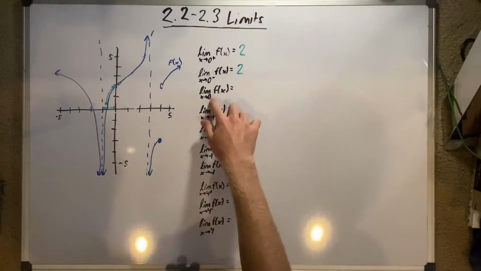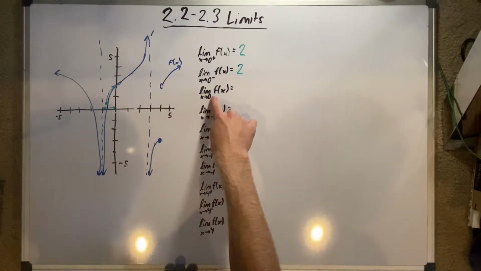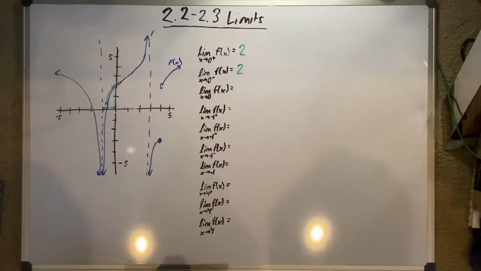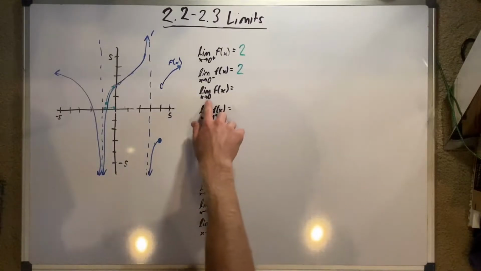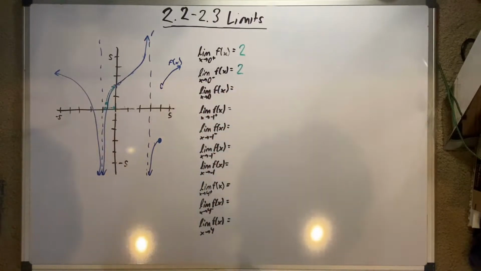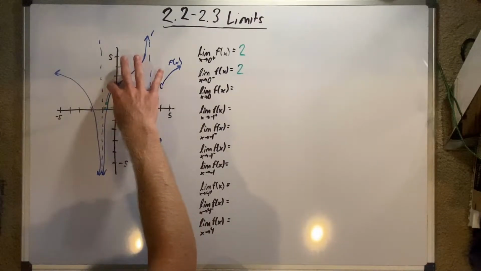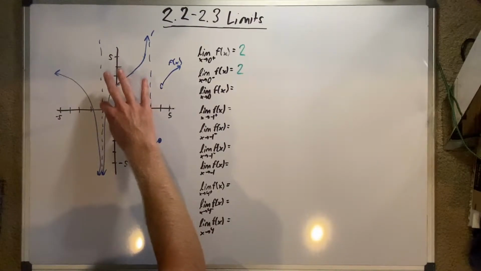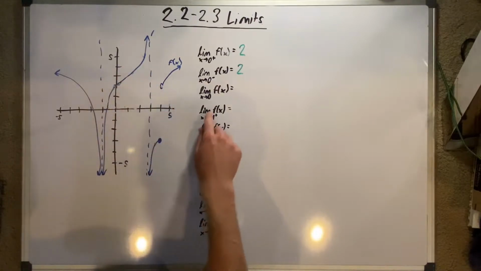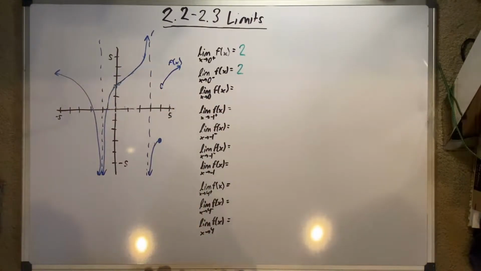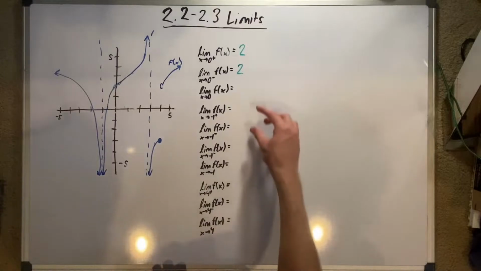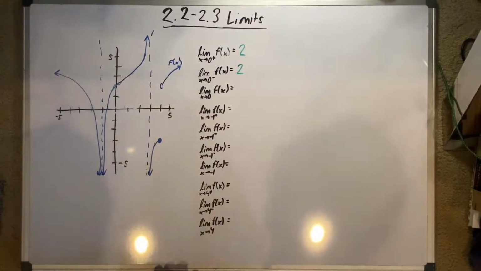Now, our next question is limit f of x as x approaches 0 without a plus or minus. What is that now? If you don't have a plus or minus, it just means you approach from any side, which means now we're including both sides. So this limit only exists when you have an answer for both the positive and negative side that equal the same thing.